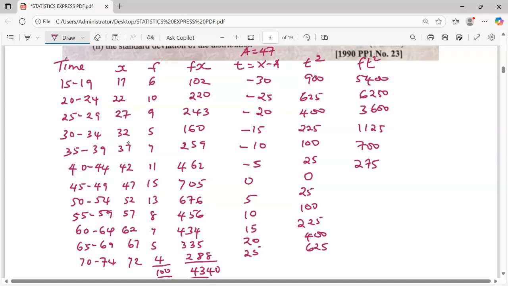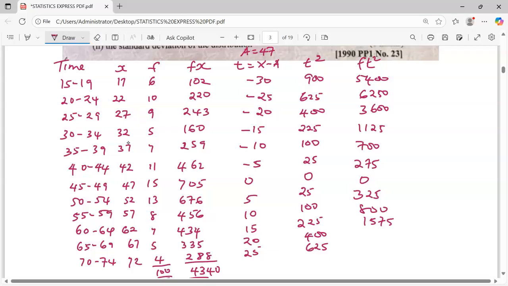Next, we are going to have 0. Next, we are going to have 25 times 13, which is going to give us 325. Next, we have 800. That is 8 times 100. Then we have 225 times 7, which is going to give us 1575.